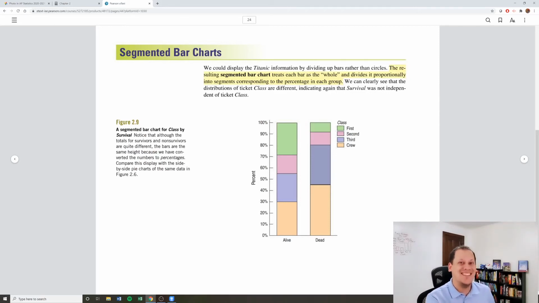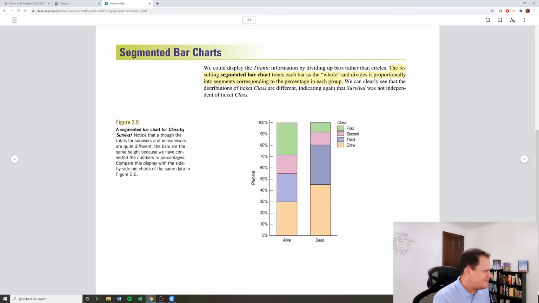It uses the exact same data that the side-by-side bar chart used. It just presents it in a different way. So in this graph, you can see the difference in distributions between those who lived and those who died by class.